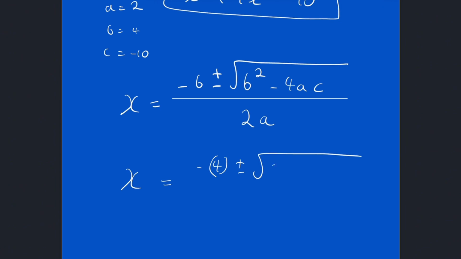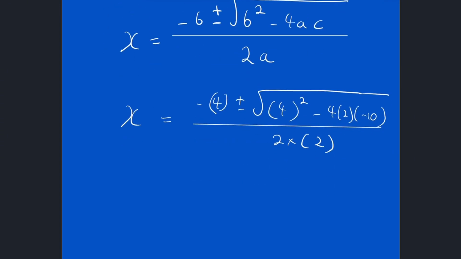Okay, now put them in brackets. 4 squared minus 4 times a, again, brackets. You don't have to put times in your calculator like that if you don't want to. C minus 10 over 2a, which you could do 2 times 2, but I would always advise keep it in brackets. Okay, trust me, if you do it, you will save marks.